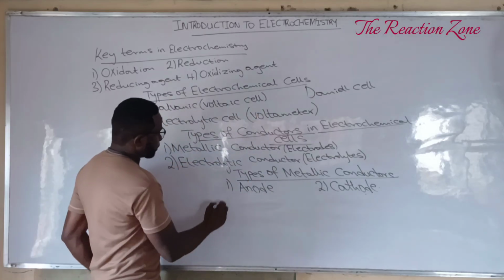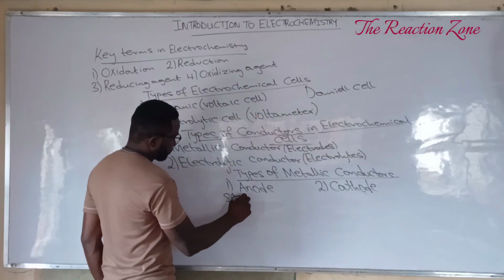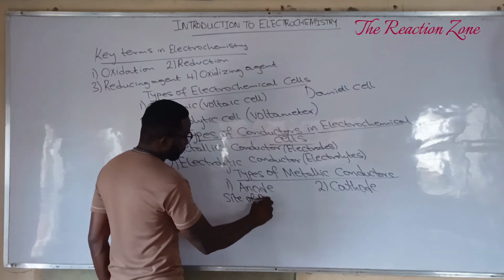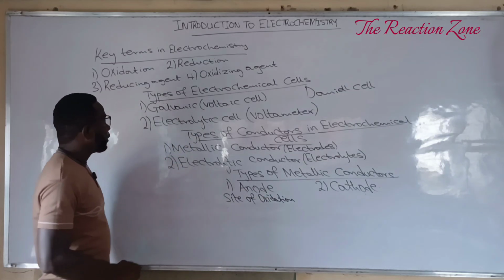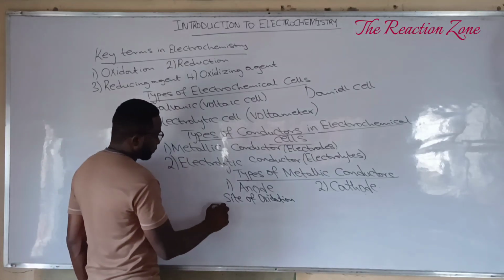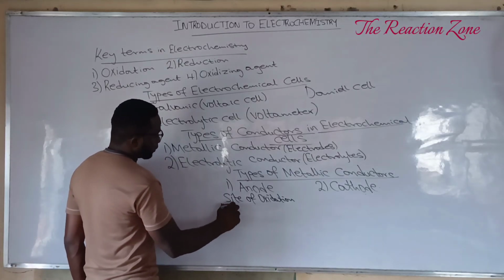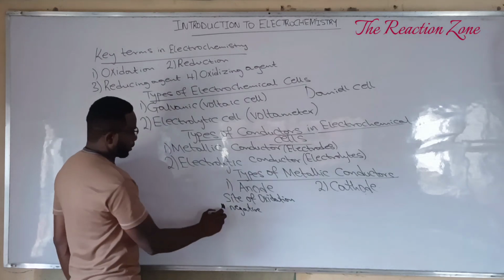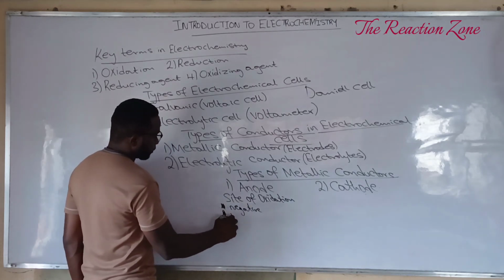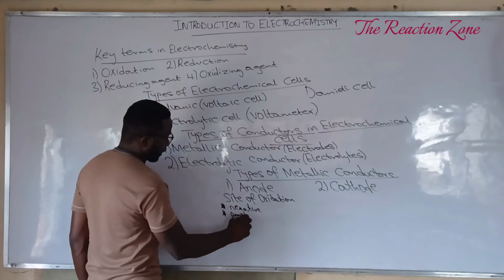The anode is the site of oxidation, meaning that it is where oxidation takes place. In a galvanic cell, the anode is a negative electrode, but in an electrolytic cell, the anode is a positive electrode.